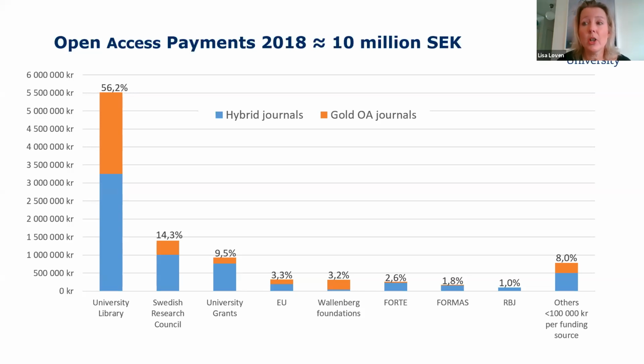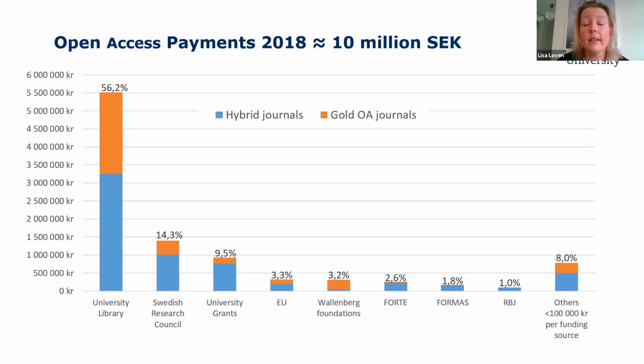Here I made a chart by funding source, in descending order per highest total amount. In 2018, Stockholm University paid about 10 million Swedish kronor in open access payments, which is about 1 million euros. And as you can see, the number one financer was us, the University Library.